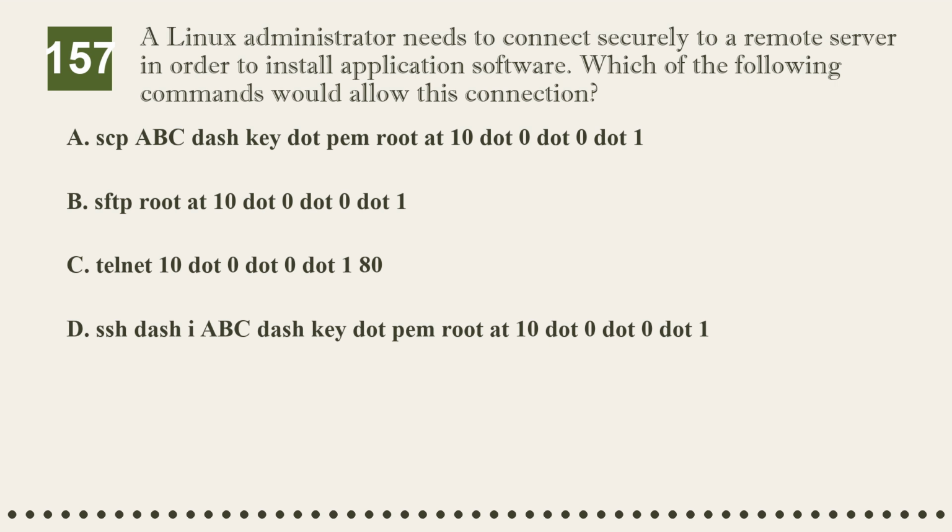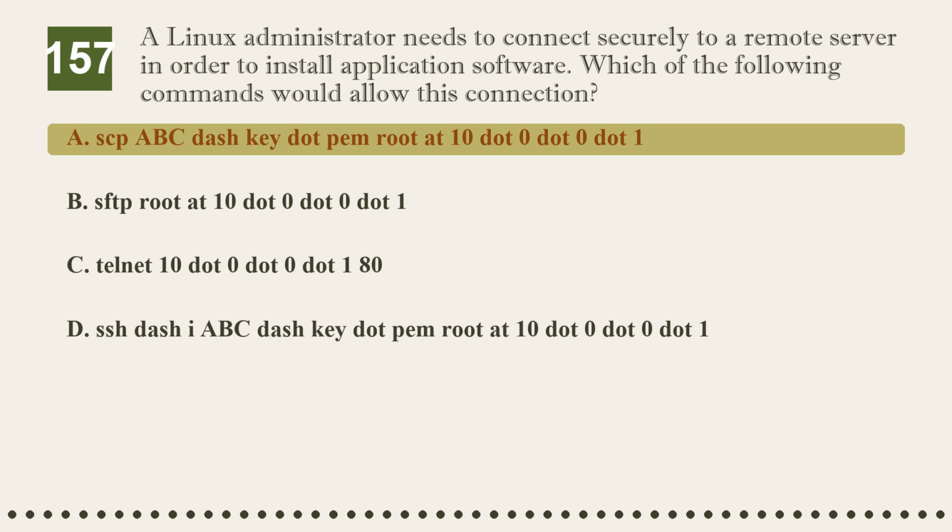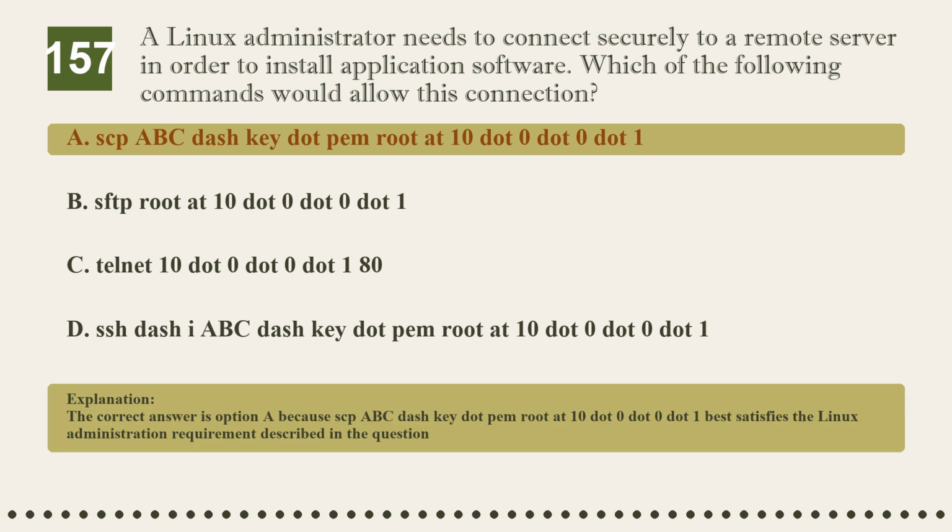Option D, ssh -i abc-key.pem root@10.0.0.1. The correct answer is option A because scp -i abc-key.pem root@10.0.0.1 best satisfies the Linux administration requirement described in the question.